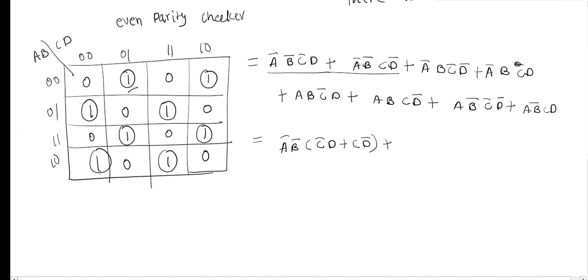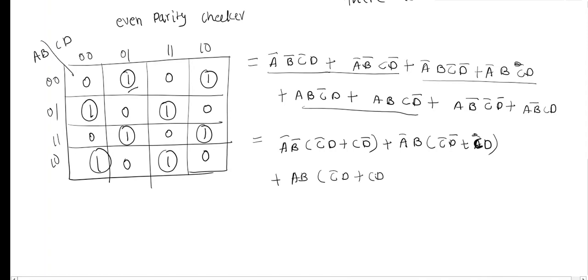Similarly, from the second two terms, A bar B, C bar D bar plus C D. Plus from these two terms, I can take AB common, C bar D plus C D bar. Plus from these two terms, now I can take A B bar as common, C bar D bar plus C D.